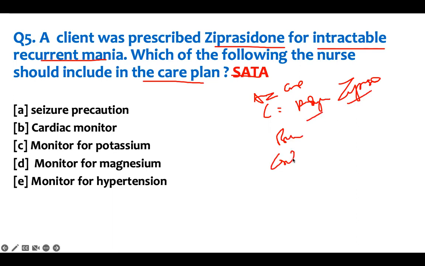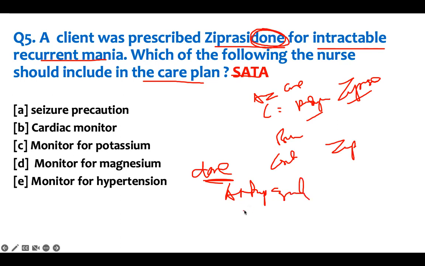Then your content, what is Ziprasidone? Whenever you see Done, okay, these are another group of antipsychotic. They are Dones, antipsychotic. So they are also atypical antipsychotic like Clozapine, but they're different. But this is another antipsychotic you should know, Ziprasidone, when you see the Done.